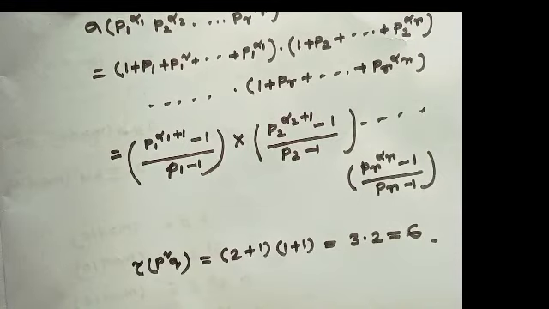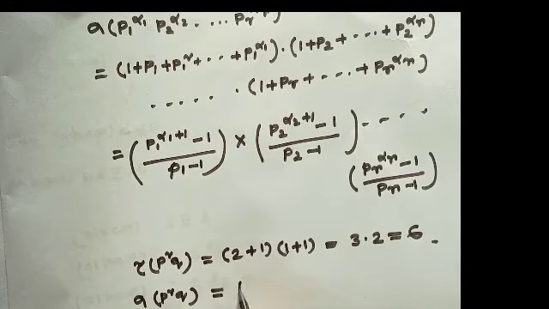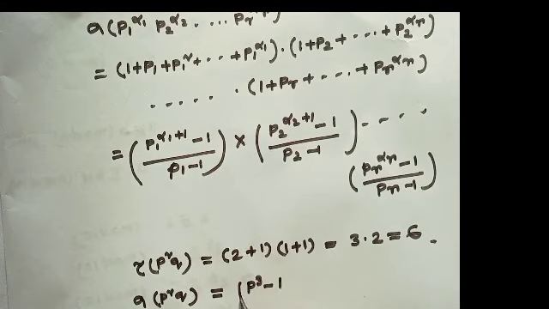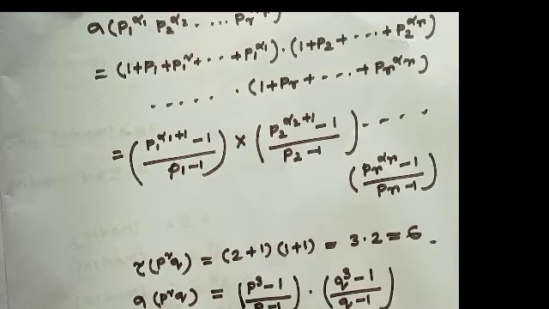And the sum of divisors, sigma of p square q, equals p cube minus 1 over p minus 1 times q square minus 1 over q minus 1.